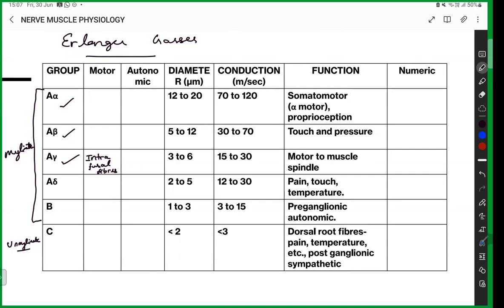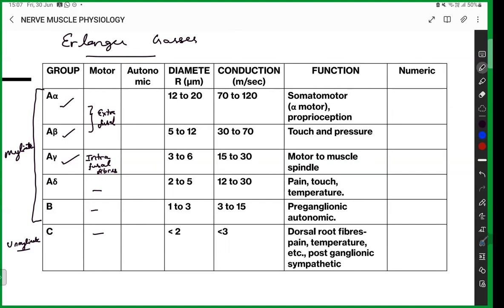The remaining A alpha and A beta are both going to be extrafusal fibers. One is over. Remember, these two, three are not going to have any role in the motor function.